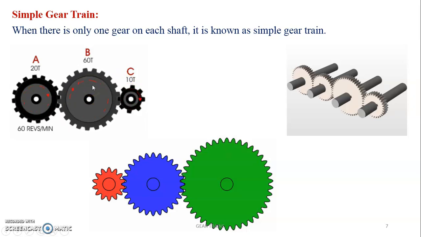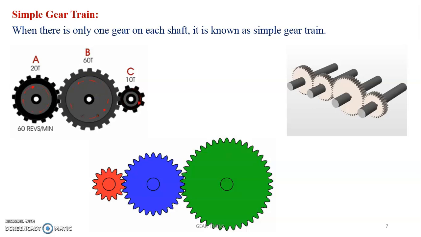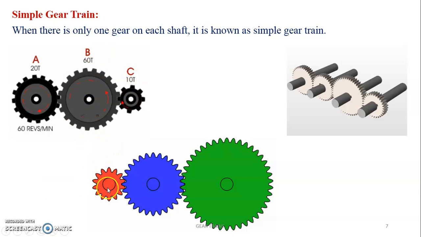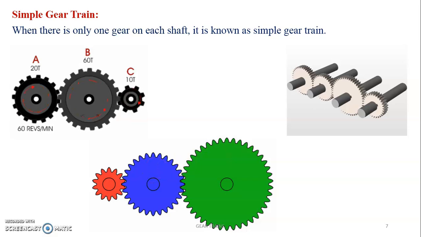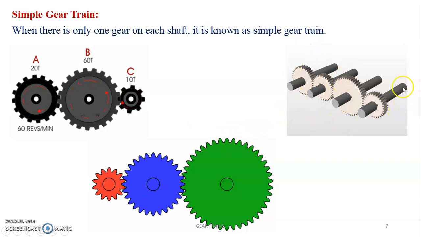The whole purpose of B is just to transmit motion from A to C. Even in the bottom sketch, the red gear is the driver and the green one is the driven, whereas the blue one is the intermediate gear, also known as the idle gear or idler gear. In this example also, if I assume that the first gear is the driver, then the last gear is the follower or driven gear, and these 2 gears are idle gears.